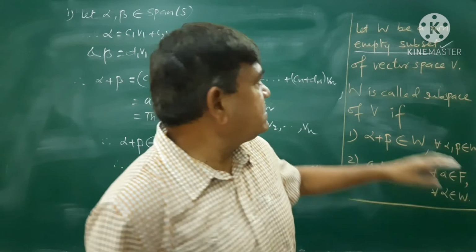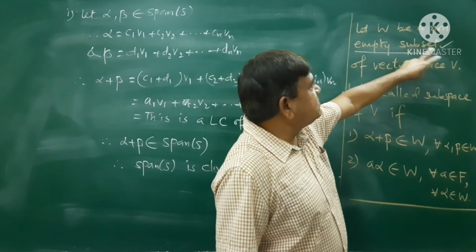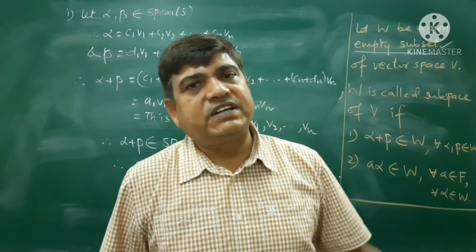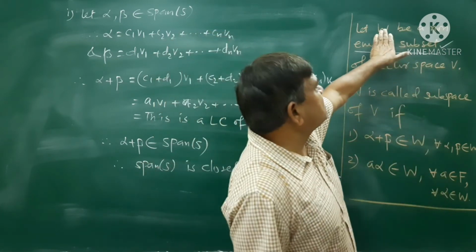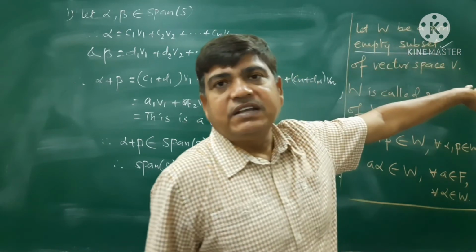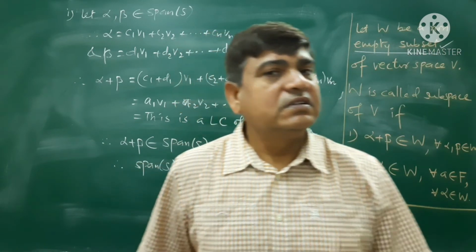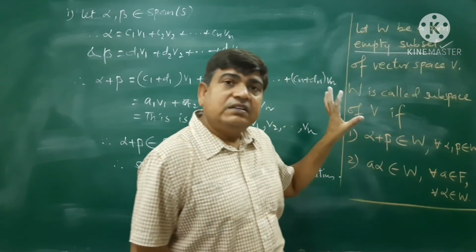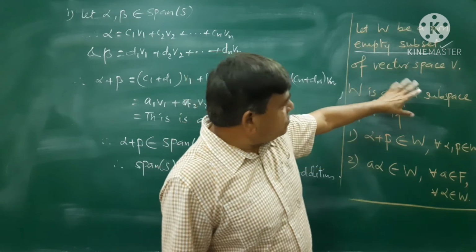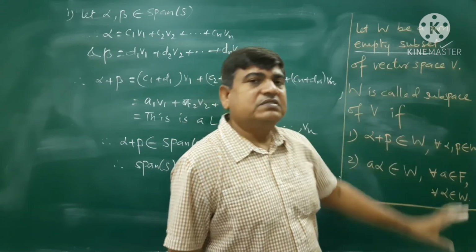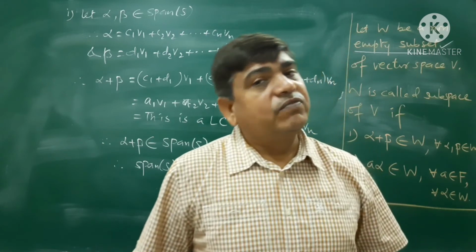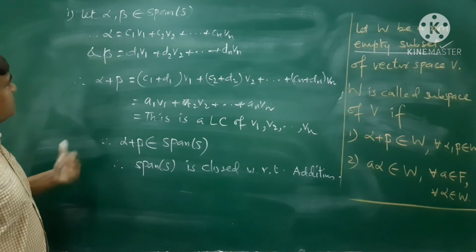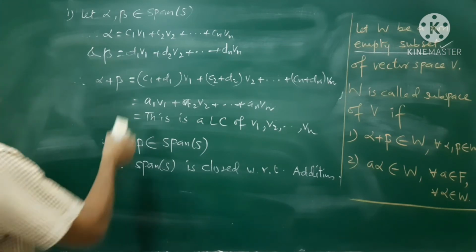A subspace is a non-empty subset of the vector space, and if all the properties of vector space are satisfied by this particular set W, which is non-empty, then W is called a subspace. But remember, we use only these two parts because the remaining properties are inherited from the parent set, that is the vector space.